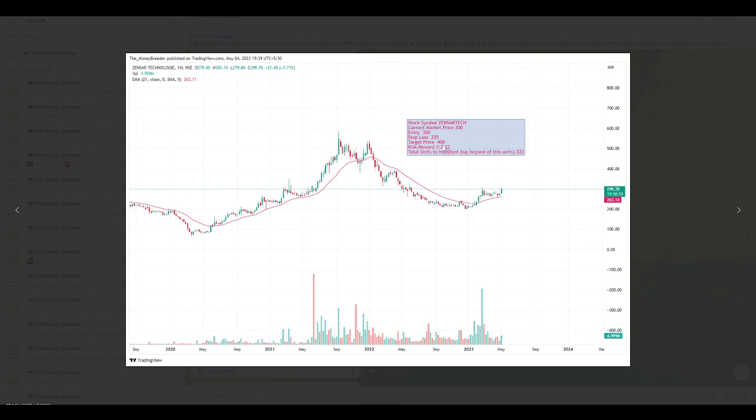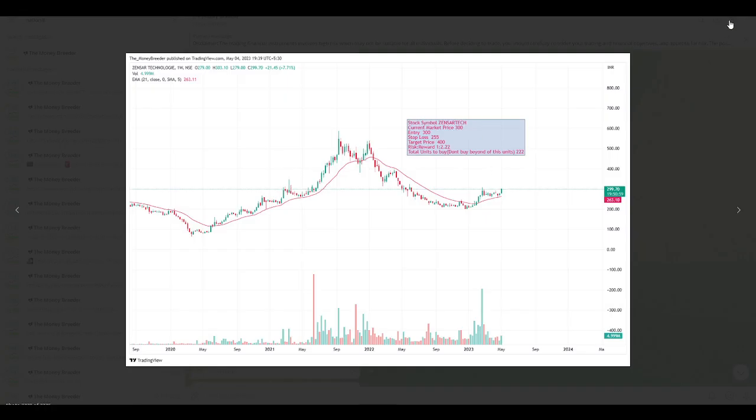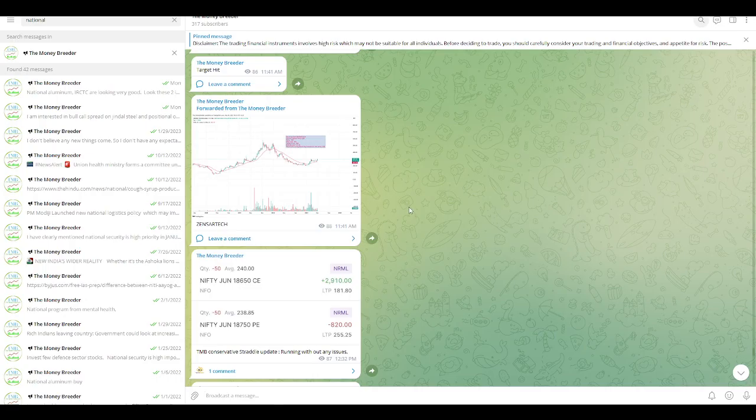Target price is 400. Still the stock has the strength. Now it's a time for me to book some amount, since this is a very short term stock we are trading. That's where now it's a time for me to book the partial amount. Partial means how much amount we have to book?